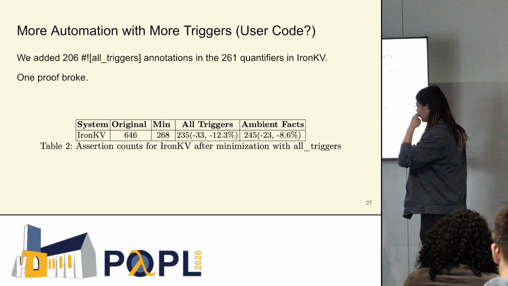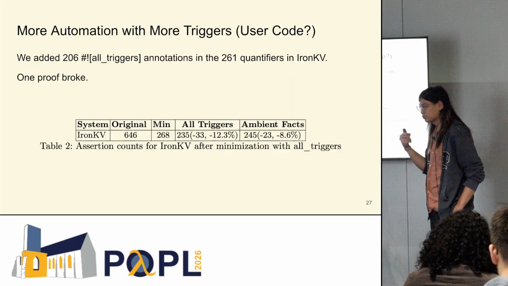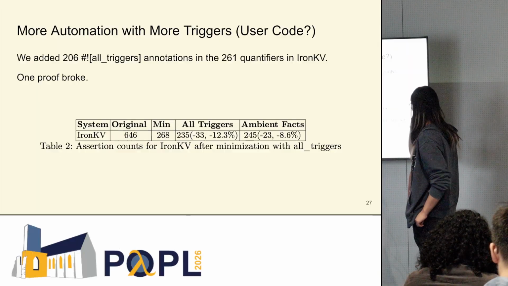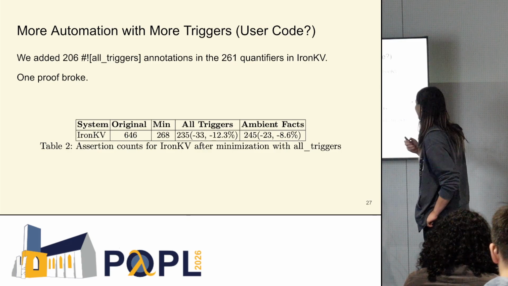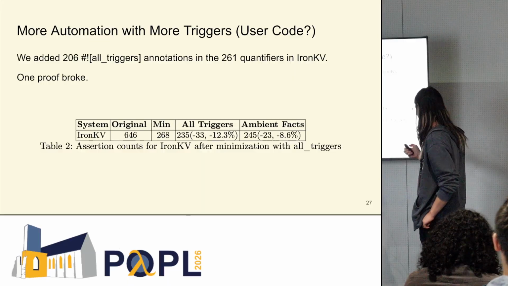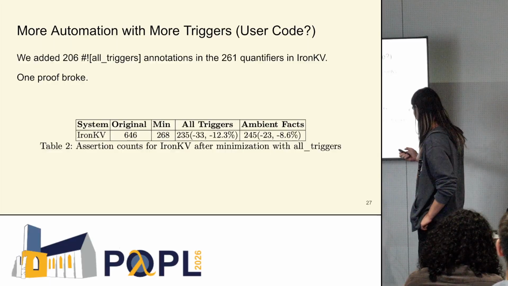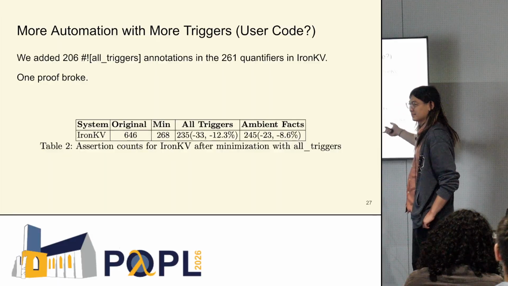So another place to have freer triggers is on user-introduced universal quantification in lemmas. And this is what we did in one of the smaller projects, IronKV. We replaced all of the trigger annotations, if possible, with all triggers. There's one proof that broke, and we omitted it because of context manipulation. And we ran the same minimization on it.